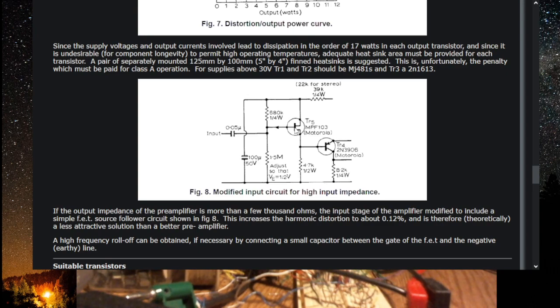Let's see. Can I save this image as... documents? My projects. This is FET1.